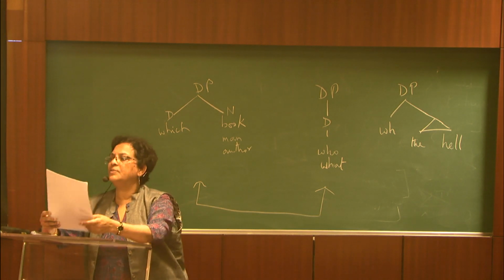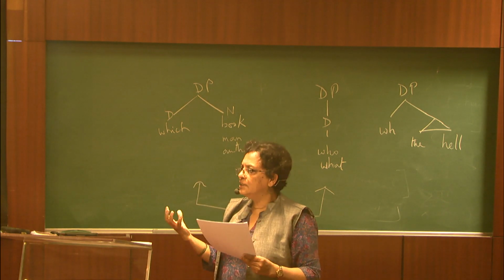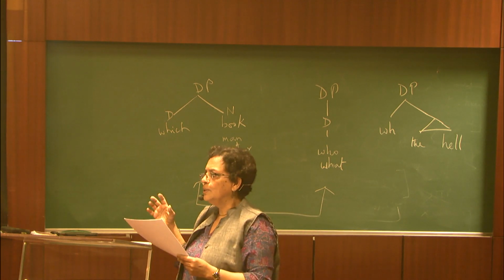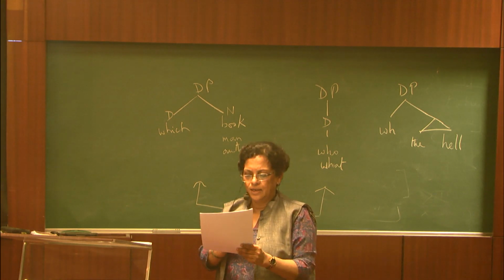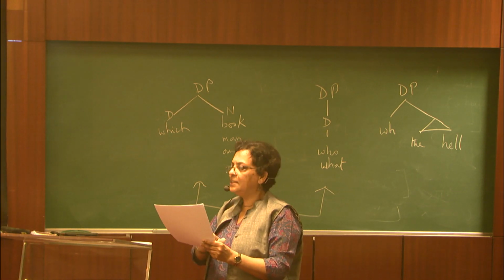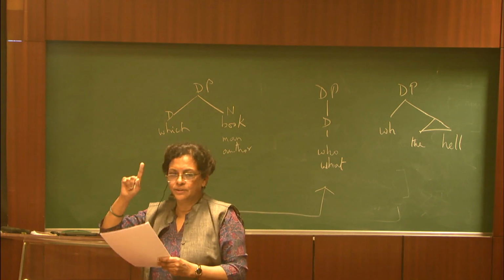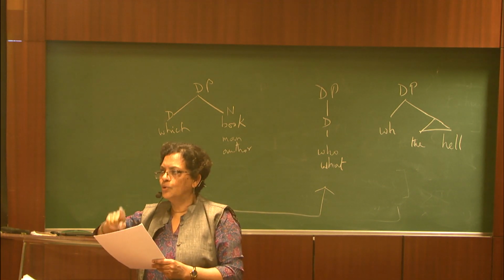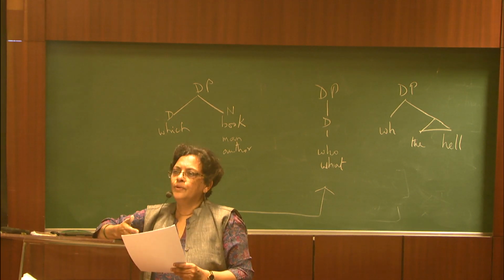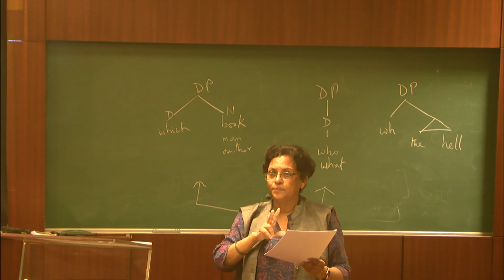So this is one of the standard examples saying that if you have a WH in C2, covert scope taking is island insensitive. So what you can't do in 2A, you can do at LF in 2B: raise the WH all the way to the top, and on the specification, scope, correlation, whatever, it then follows that you're pairing the two WHs.